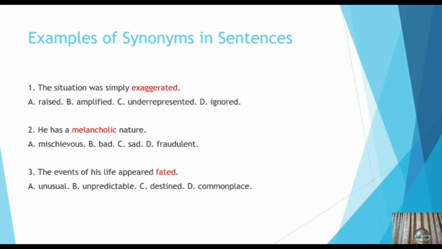B, we have unpredictable. C, we have destined. And D, we have commonplace. The correct option here is option C. So, in place of saying the events of his life appeared fated, we can say the events of his life appeared destined. And the meaning of our sentence will not be altered.